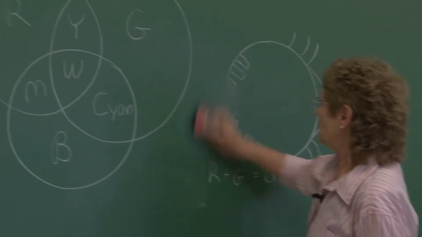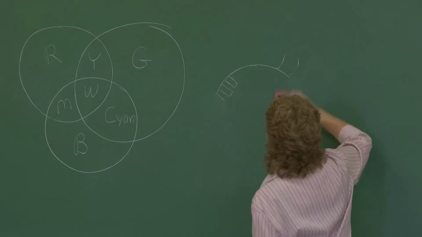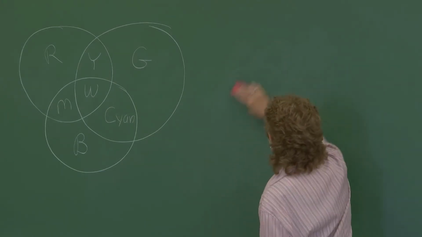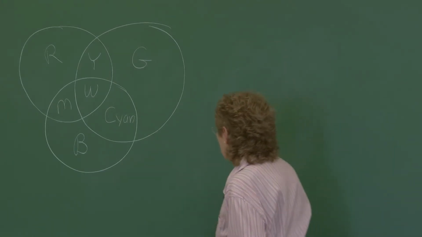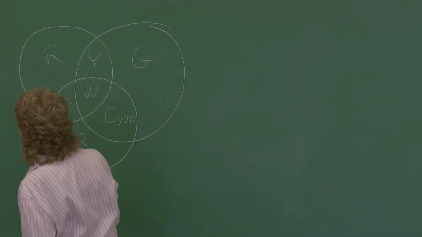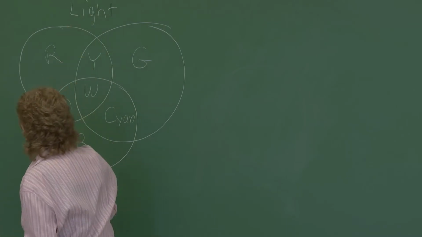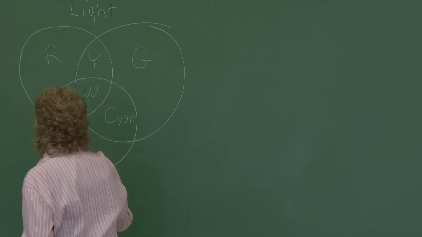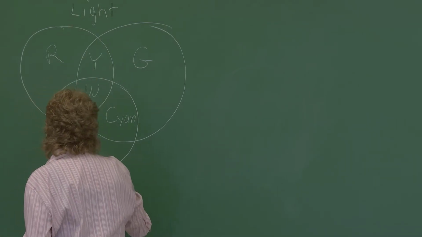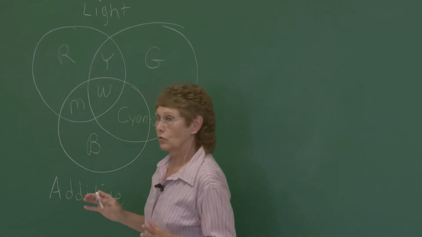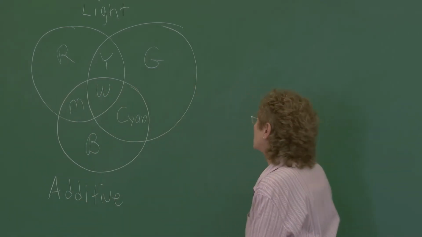So let's shift gears a little bit, because we're going to be using pigment, acrylic paint, in this class. This light is known as an additive color process because you're using direct rays of light.